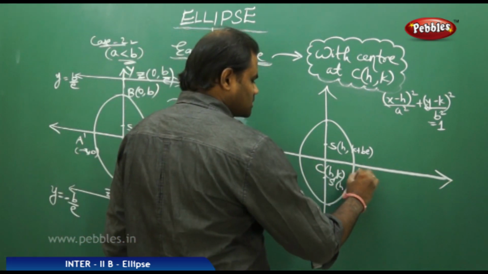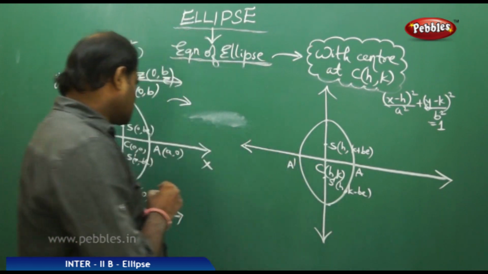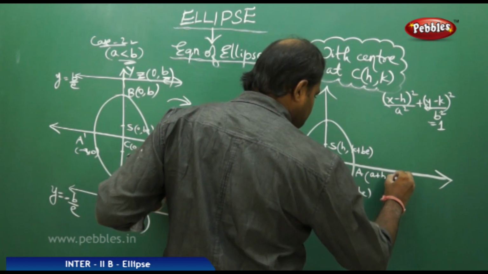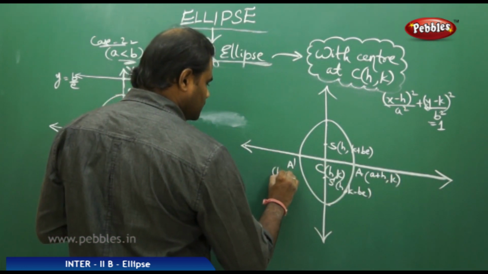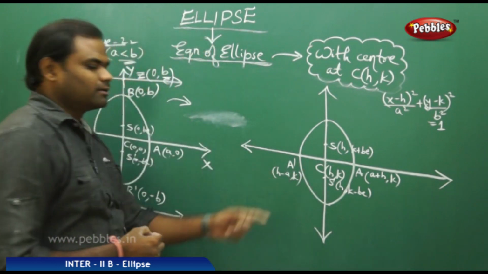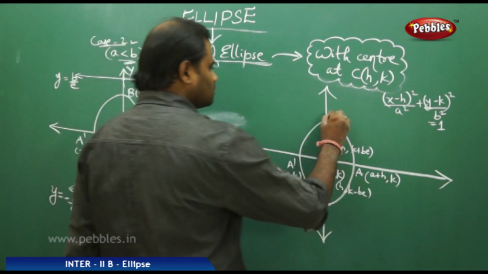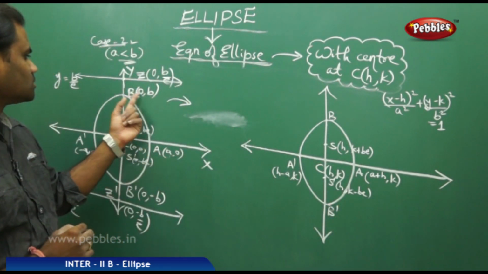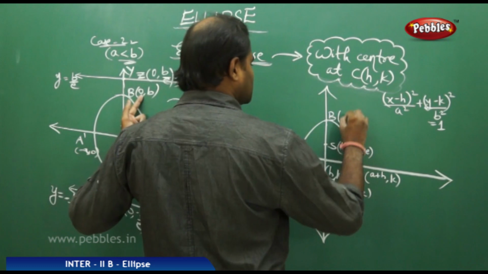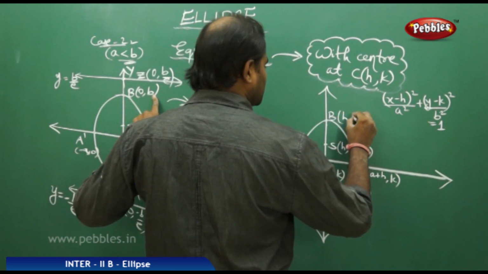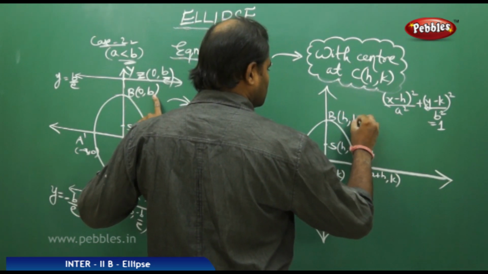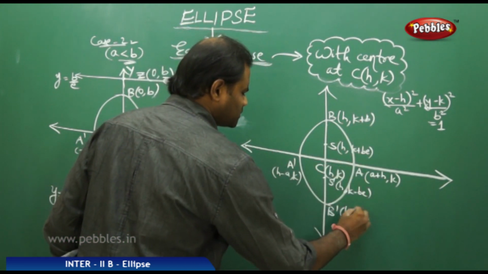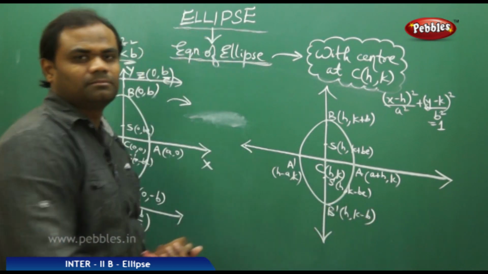And then this is A and A dash, which gets transformed to (a plus h, k) and (h minus a, k), and this would be B and B dash, as I see here (0, b), so x minus h gives h, y minus k gives k plus b, and this would be (h, k minus b).